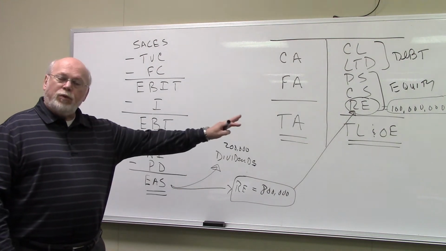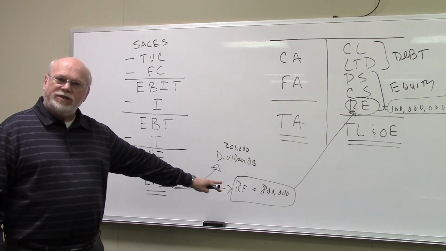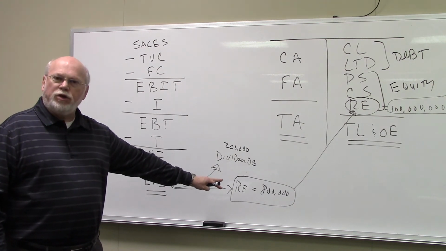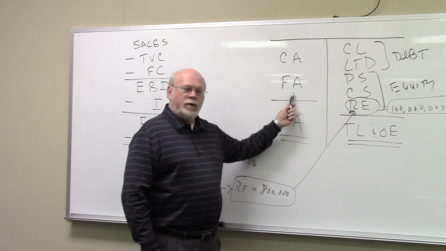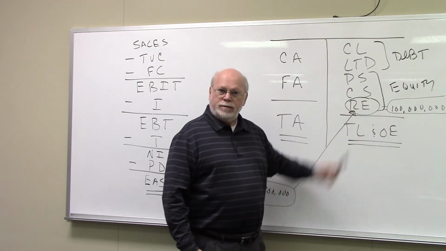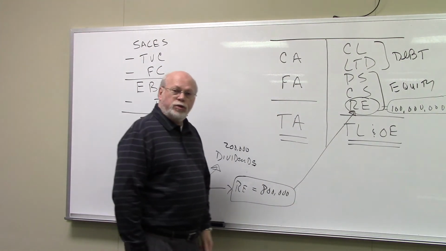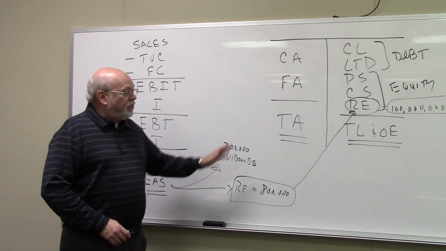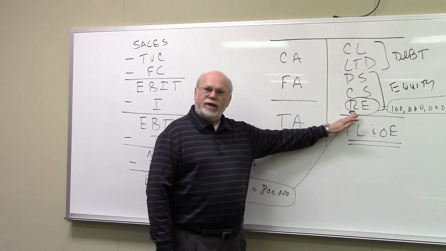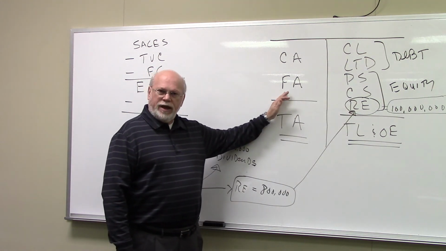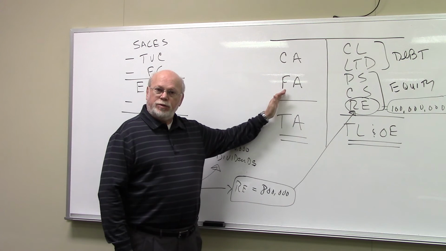Now this money that we retain, this $800,000 in this case, there's only two things you can do with retained earnings. You're either going to buy more assets or you're going to pay off your debt. Those are the two things you do with retained earnings. The balance sheet has to balance. So if this side goes up by $800,000 and this side goes up by $800,000, the balance sheet will balance.